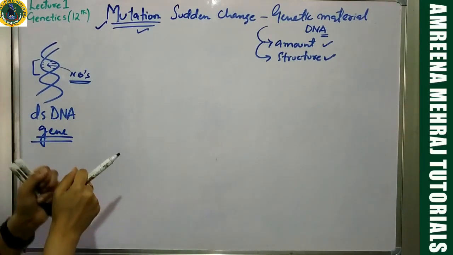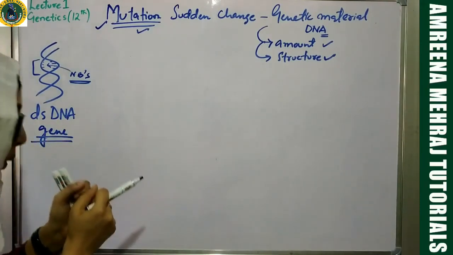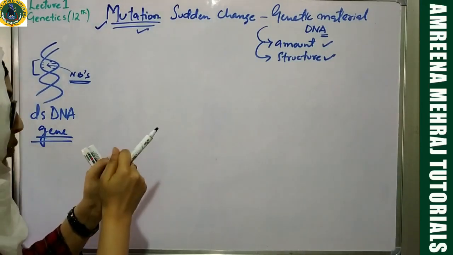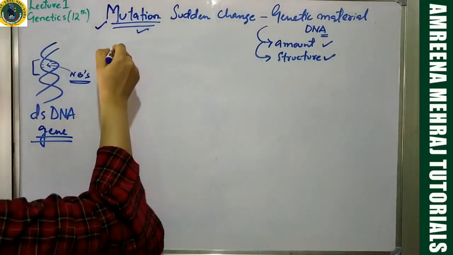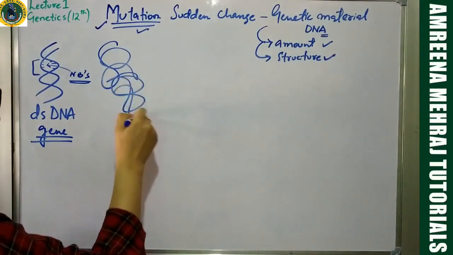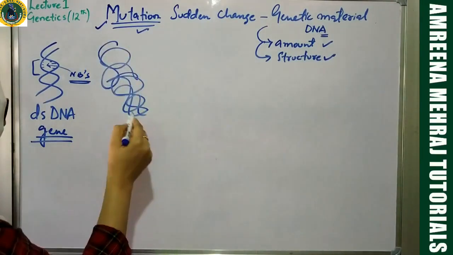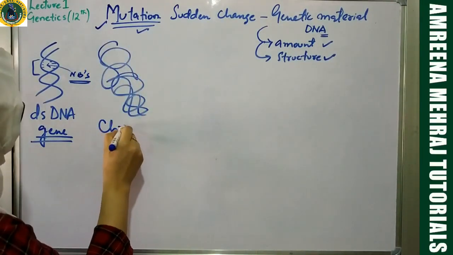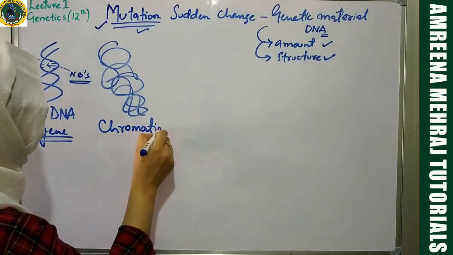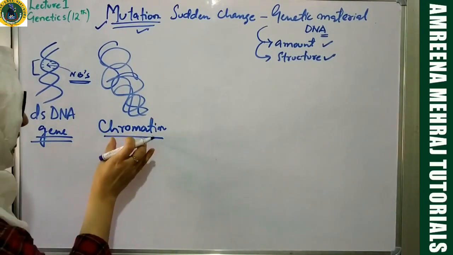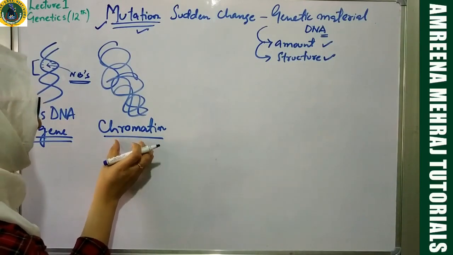Then that is further coiled into a solenoid, which is further coiled into a super solenoid. Then you get a structure which is somewhat like this. This compact form of DNA is your chromatin, to be very simple.